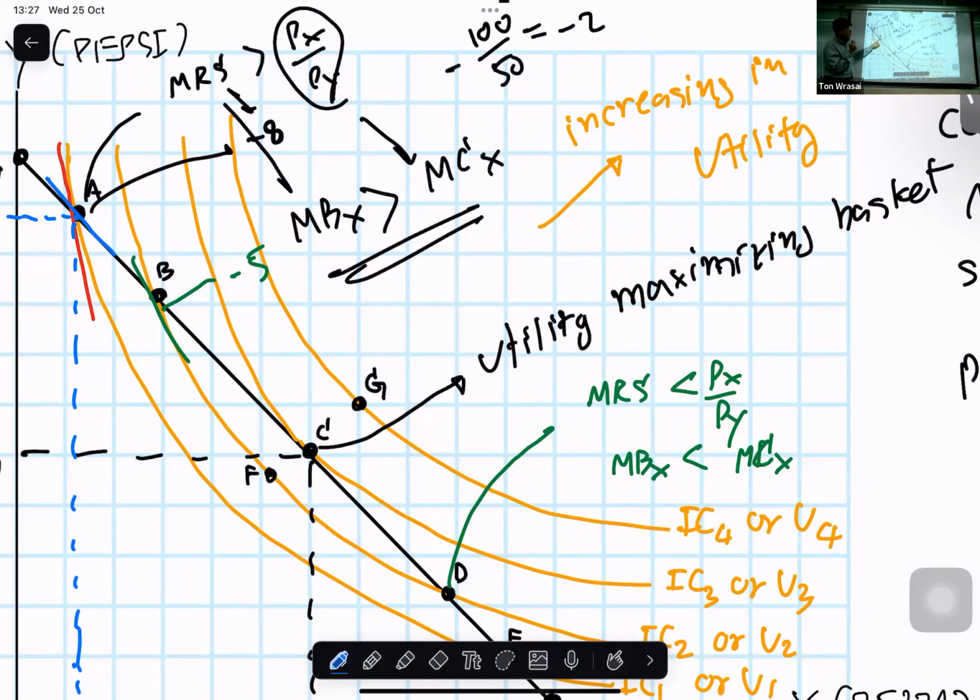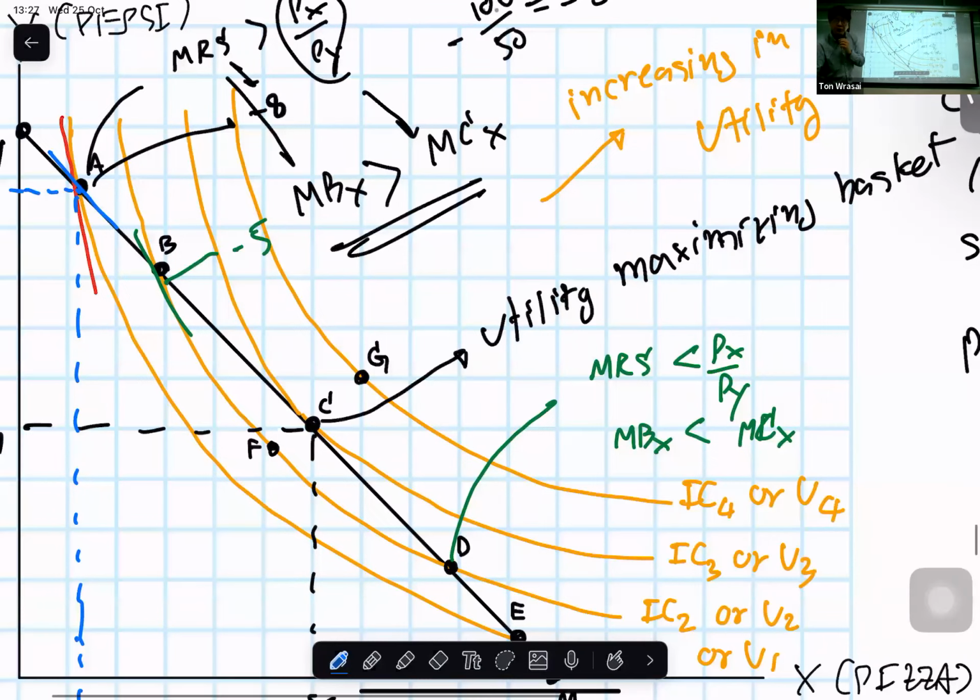But still, compared with marginal cost, the marginal benefit that he feels about this slice is still higher than marginal cost, which is 2. He keeps eating more pizza. So he continues to consume more of good X as long as MB is higher than MC.